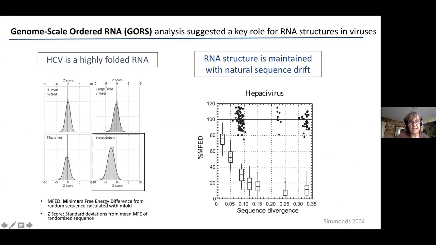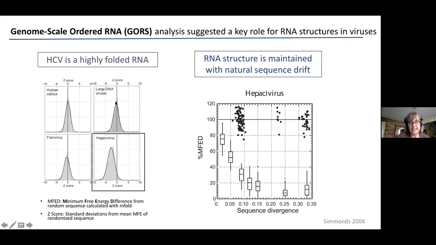And they calculated something called the minimum free energy difference for a given stretch of RNA for its ability to form base pairs relative to random sequence. And if you have a z-score of 0, that means there's almost no structure relative to random chance.